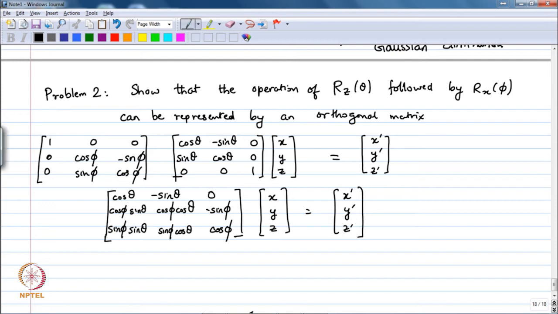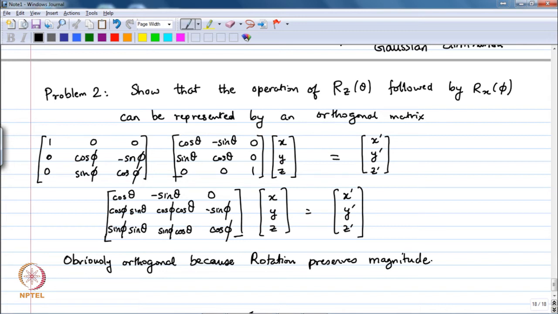It is obviously orthogonal because rotation preserves magnitude, not direction, it preserves the magnitude of a vector. Okay. But you can explicitly show this by doing the following.